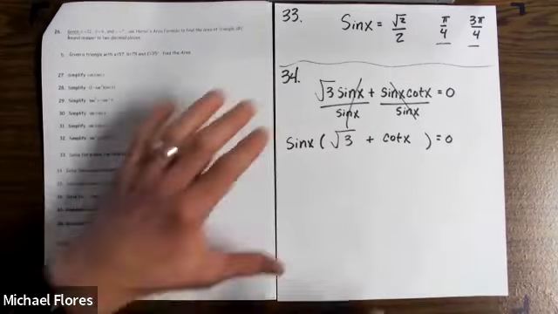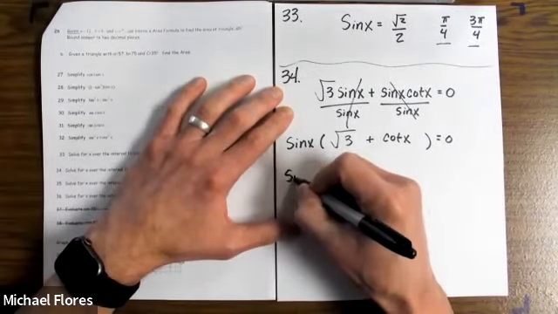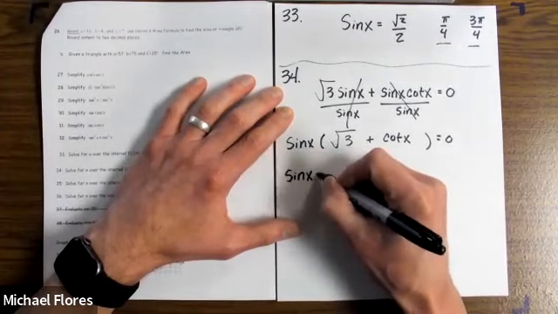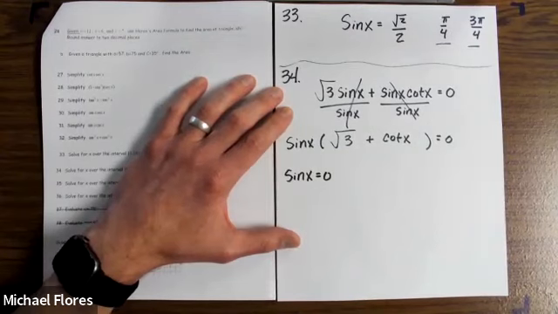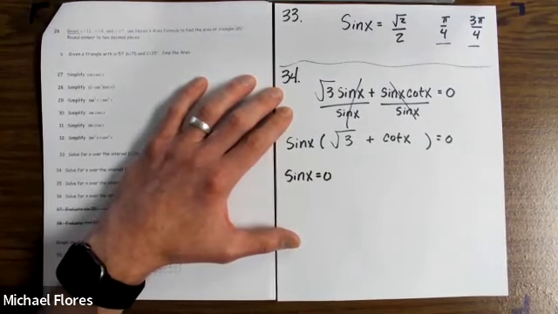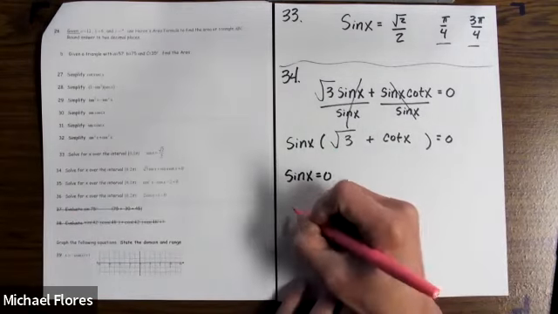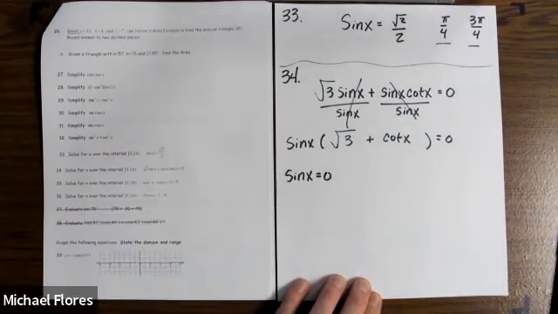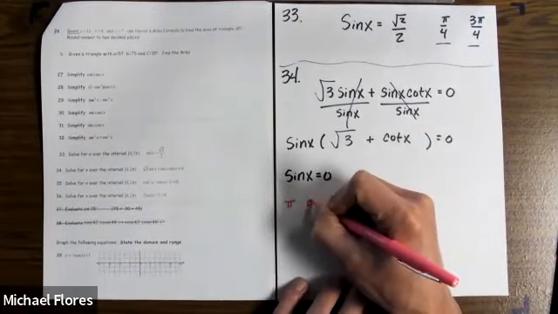We now have two factors, this and this. Sine of x is fully factored, so we could go ahead and set that equal to 0 and then ask ourselves, where in the unit circle do we have a sine value of 0? Do you remember? That's one of them. Pi and 0.